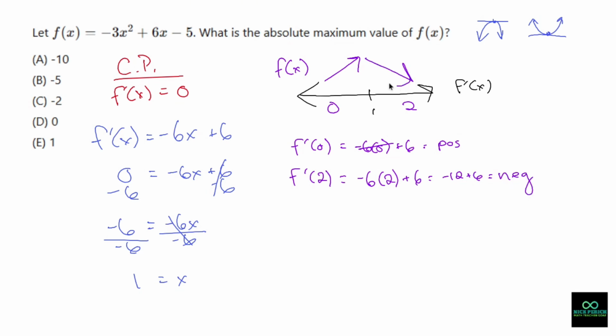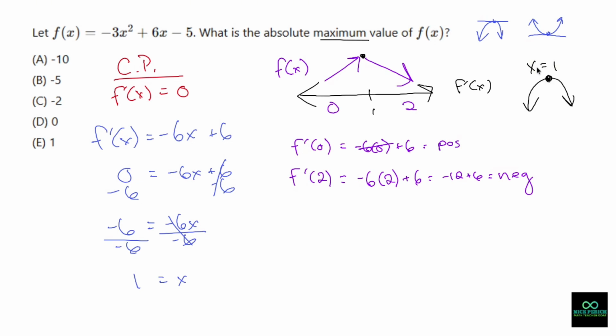So what's happening here is f of x is increasing, but once it hits x equals 1, it hits a peak up here and then starts decreasing. So we definitely do have a maximum value at x equals 1.